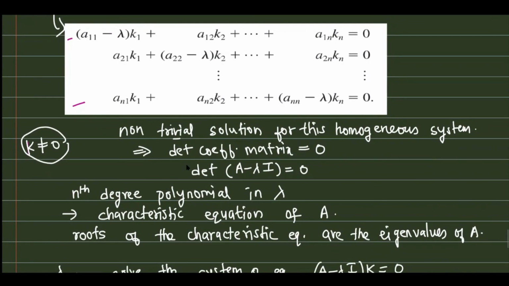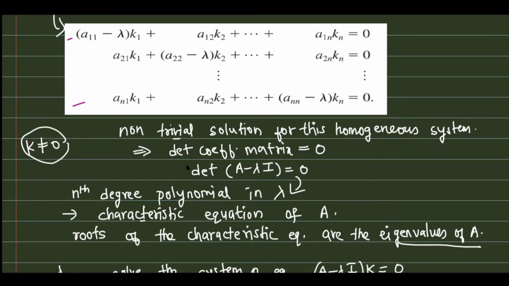If you expand this determinant, we will get an nth degree polynomial in lambda because the order of A is n. That polynomial is called the characteristic equation of A. Being an nth degree polynomial, it will have n roots. Roots of that characteristic equation are called eigenvalues of A.